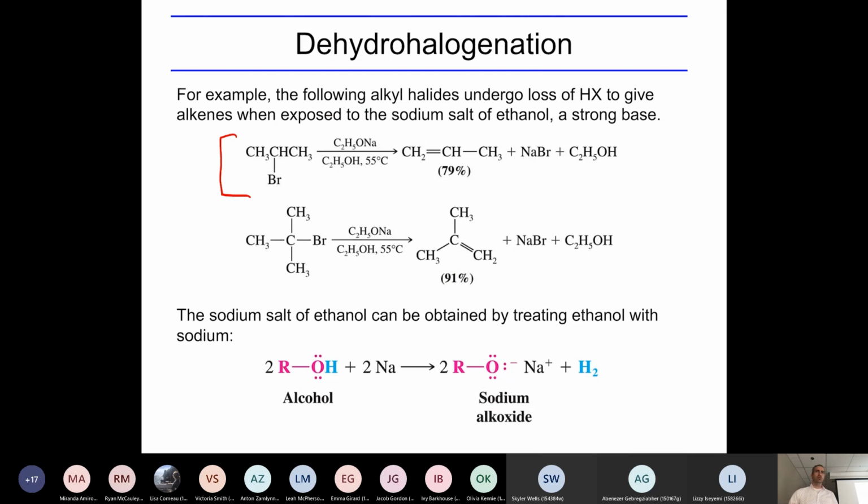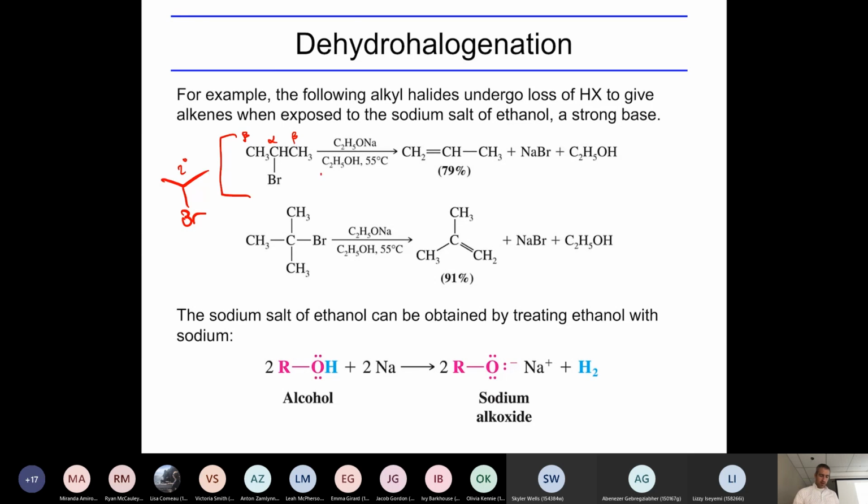Primary, secondary, or tertiary? Or methyl? It's secondary, this one. How can you tell? The alpha carbon is the one that the leaving group is on. We have a beta here and a beta here. In bond line structure, that looks like this. It's a secondary alkyl halide.